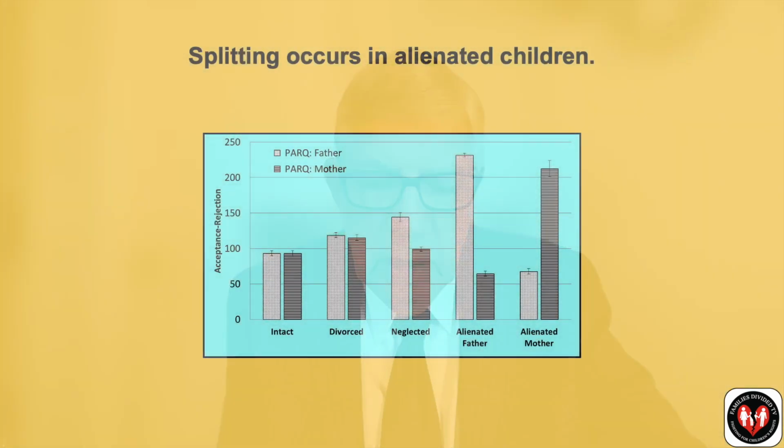So how did this research turn out? In the next slide, you can see each group of children, how they rated their mother and their father. And what you mainly want to look at is the right-hand side of the slide, where it says alienated father.